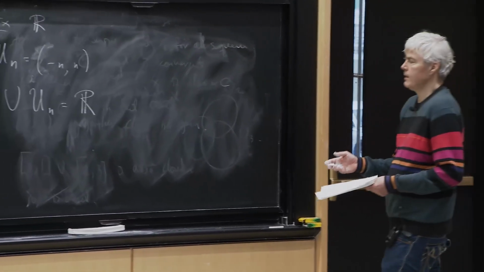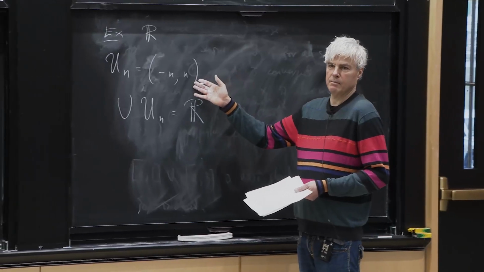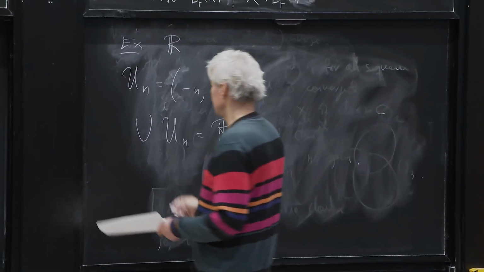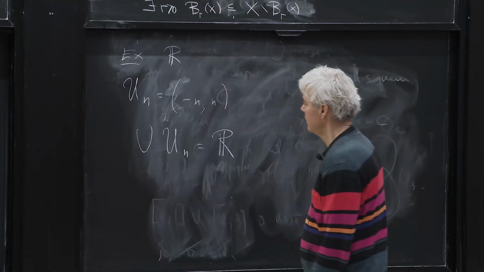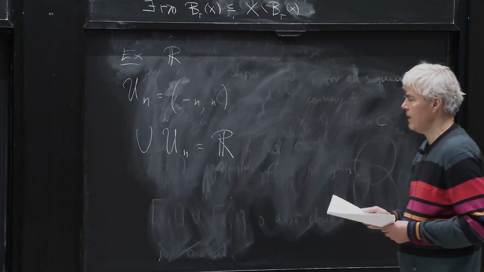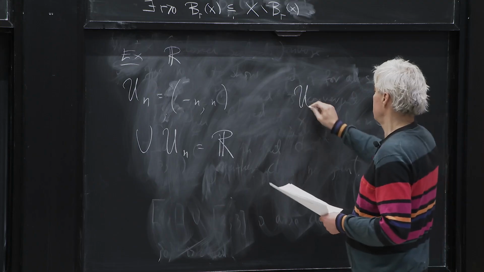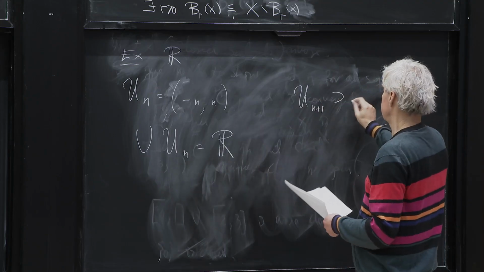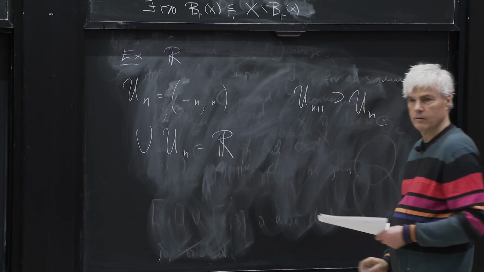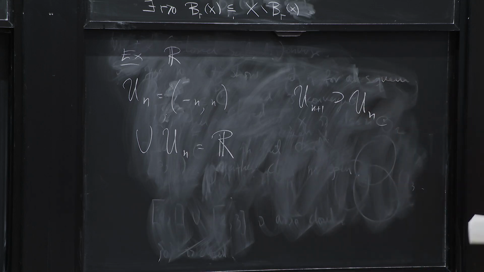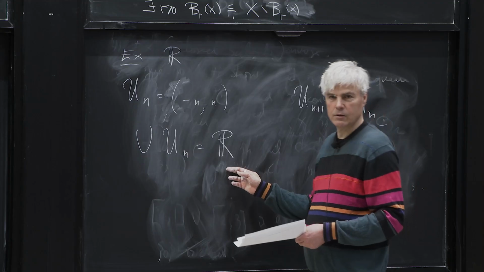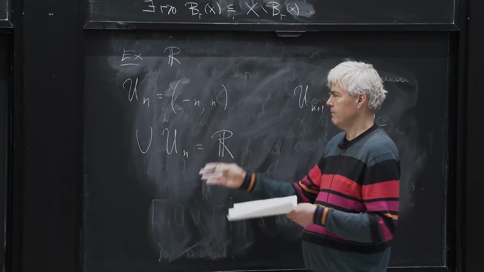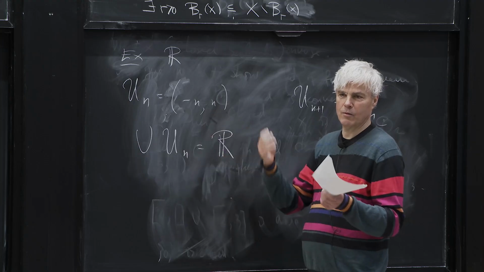Of course, you could take a proper subcover, but you see that this particular cover has the property that U_(N+1) contains the previous one. So you don't really need all of them to cover R. You could start at some very large N and go on from there.